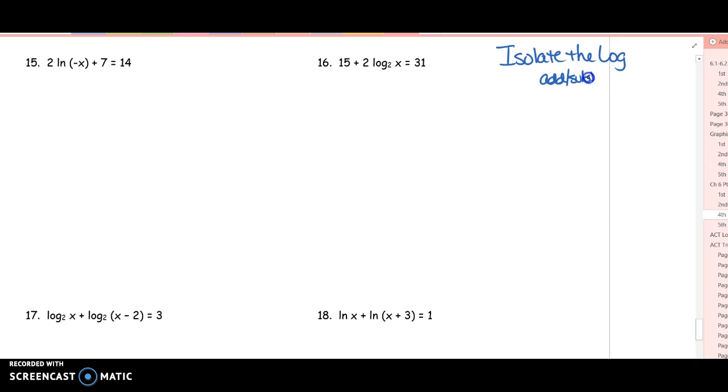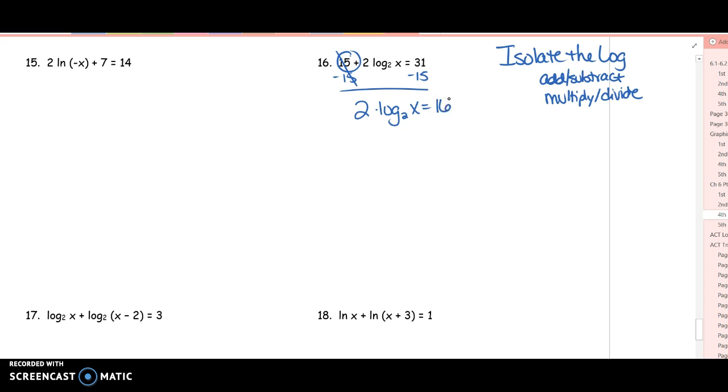You always add or subtract first, and then either multiply or usually divide. So, do you notice the plus 15 in number 16? We need to get rid of that first. So we're going to subtract 15 on both sides. That will give us 2 times the log base 2 of x equals 16.